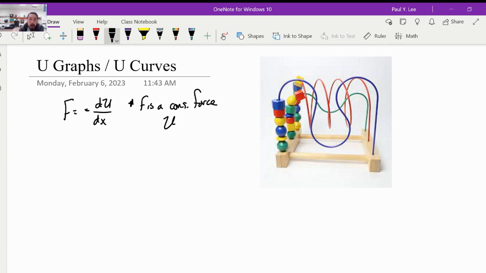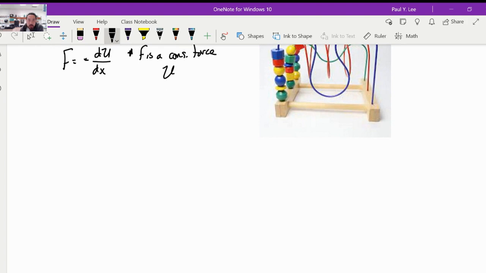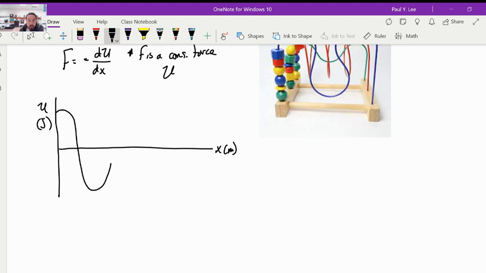Okay, so with that formula out of the way, let's actually draw a potential graph. Make sure you have a positive and a negative region. That is potential in joules, and that's position in meters. I'm going to show you a potential graph that looks like this.